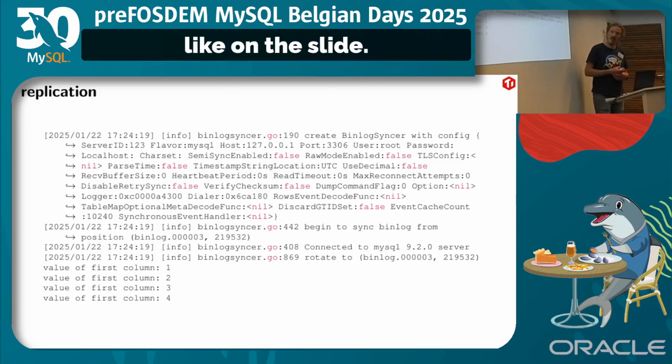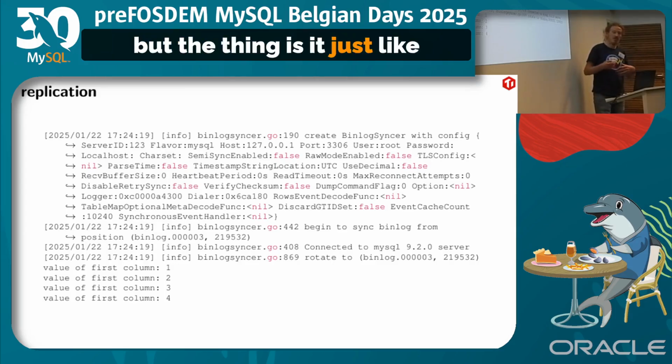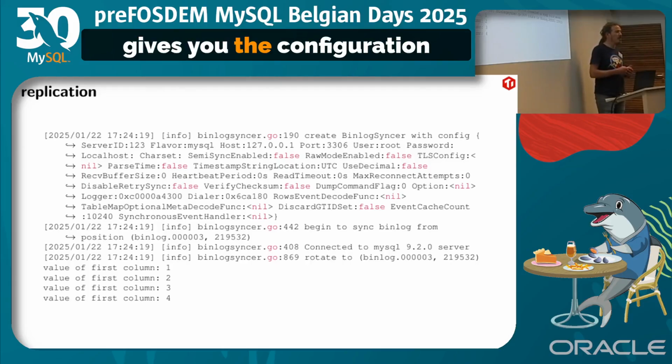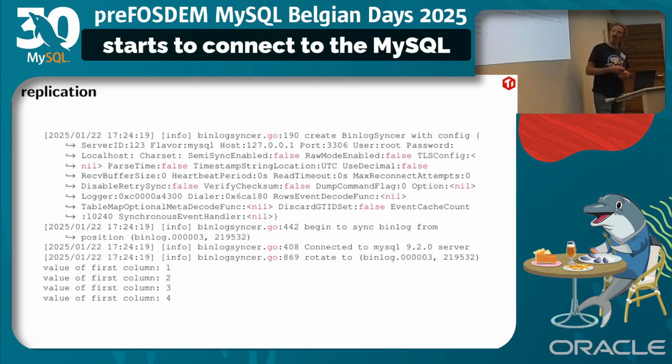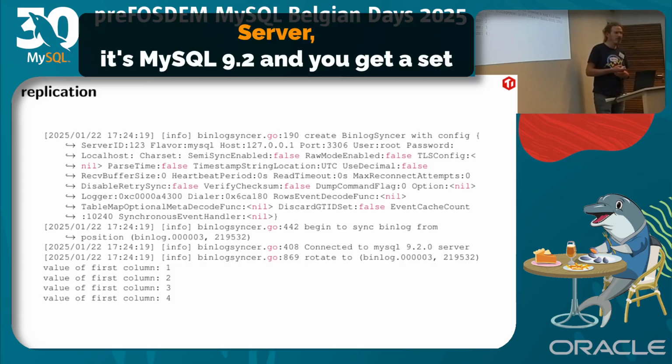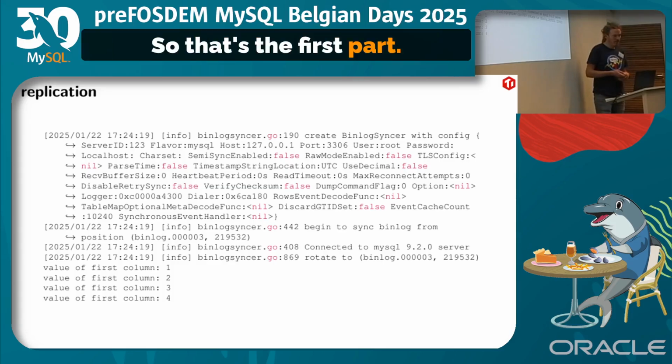On the slide, it doesn't look very nice, but it gives you the configuration that it's working with. Then you can see that it starts to connect to the MySQL server. It's MySQL 9.2, and you get a set of values that were inserted. So that's the first part.